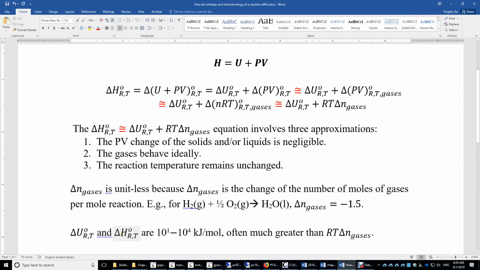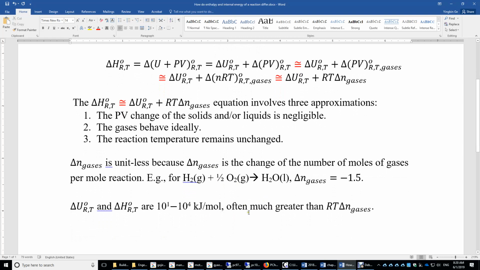And delta U and delta H are typically from 10 to 10,000 kilojoule per mole, depending on the nature of the reaction. For combustion reactions, usually we observe several thousand kilojoule per mole internal energy change and enthalpy change. And this number is usually much greater than this RT delta N gases.